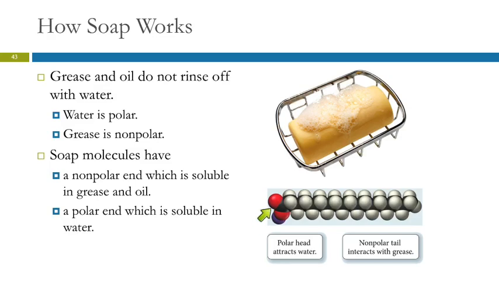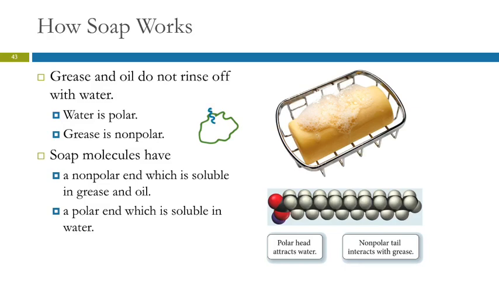So the polar end can mix in with the water just fine, and the nonpolar tail can mix with the grease. And so what happens, we've got a clump of grease, and, well, let's just use blue.